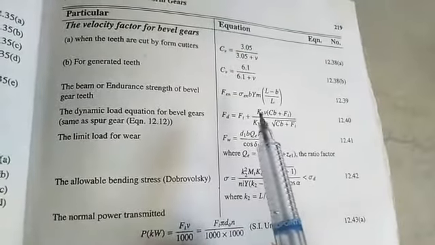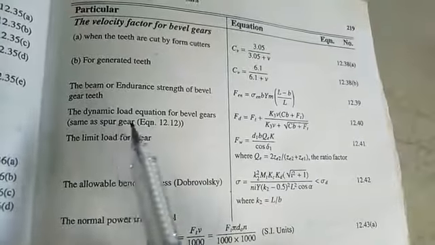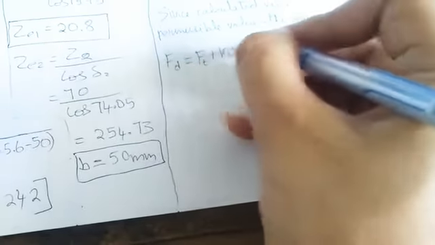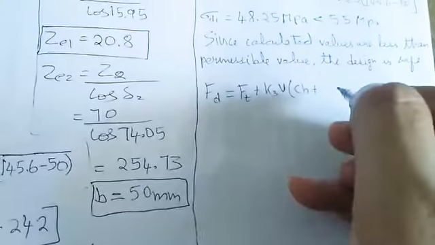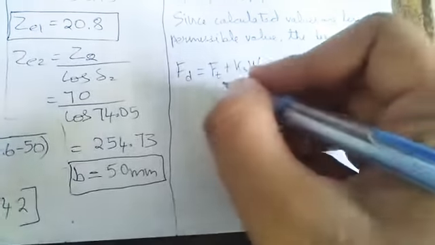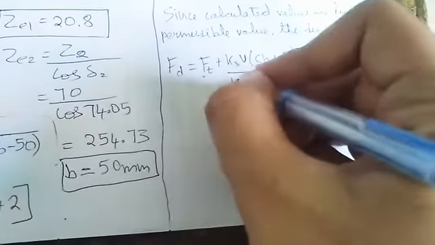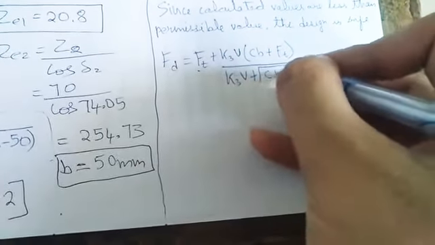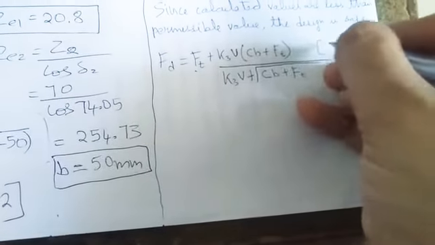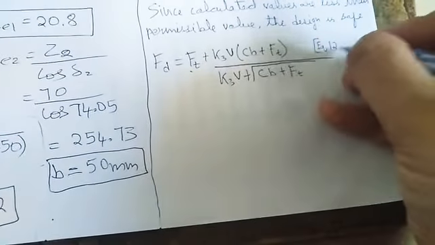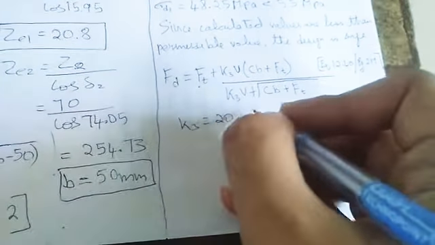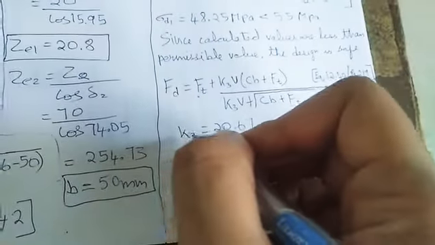For K3 they have given the value 20.67, and they have given the note that it is the same as per gear. So I am taking K3 as 20.67.